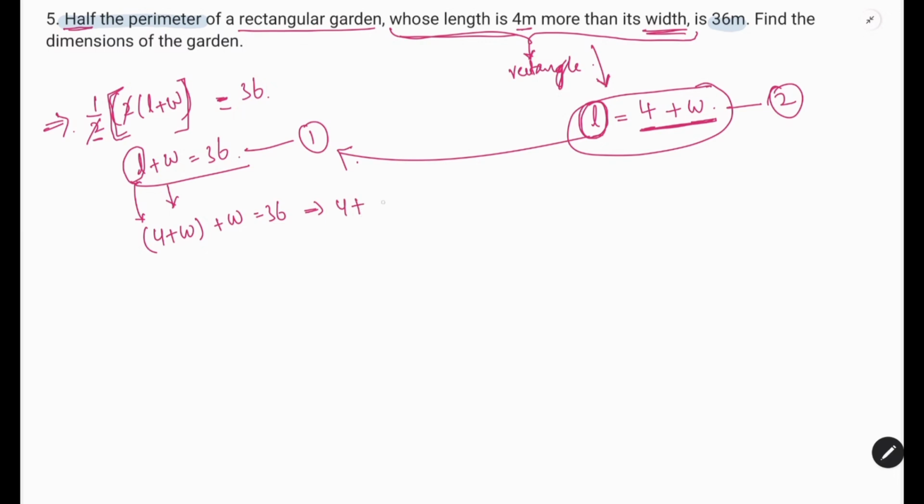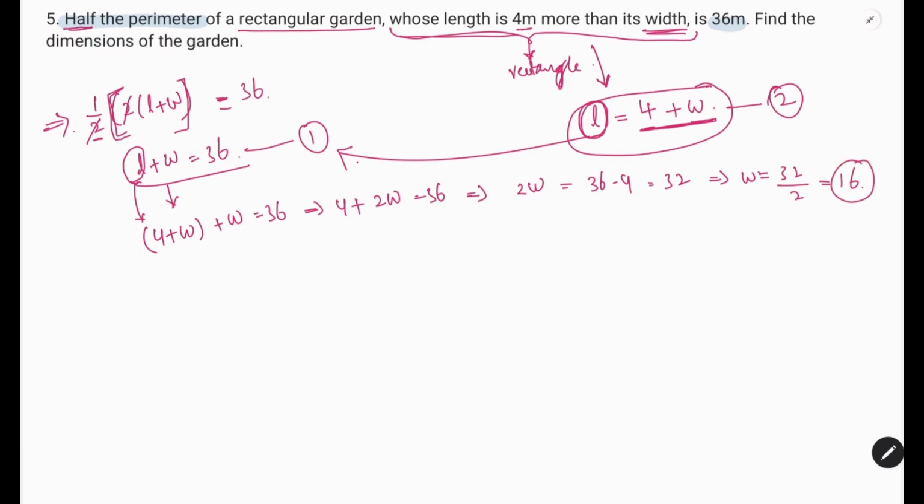Here 4 plus 2W, W plus W is 2W, equal to 36. So 2W equals 36 minus 4 equals 32. So width equal to 32 divided by 2, it is 16. So width equal to 16.